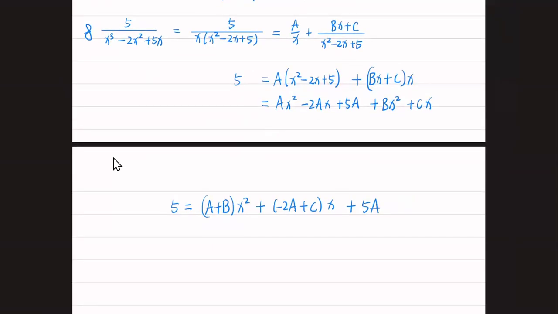Sakina, what's the coefficient of x squared on the left? 0. And the coefficient of x squared on the right? a plus b. So 0 equals a plus b. Okay, coefficient of x on the left.